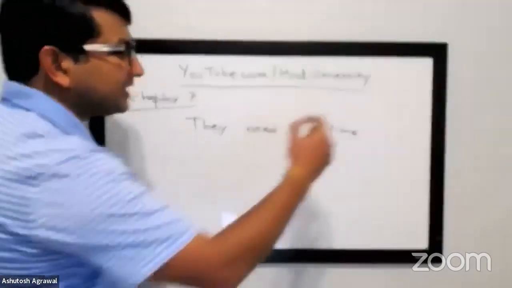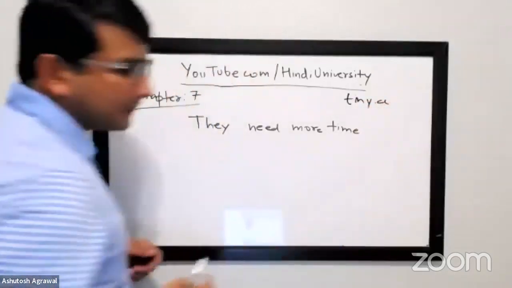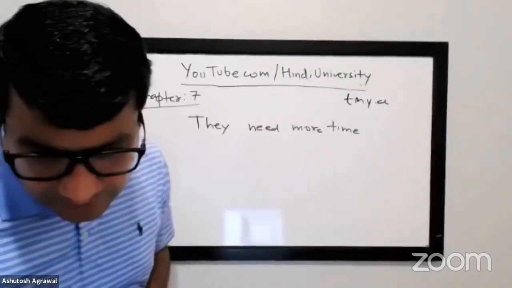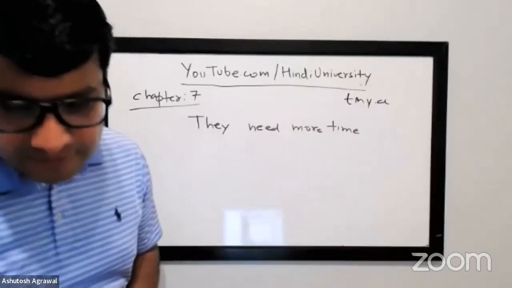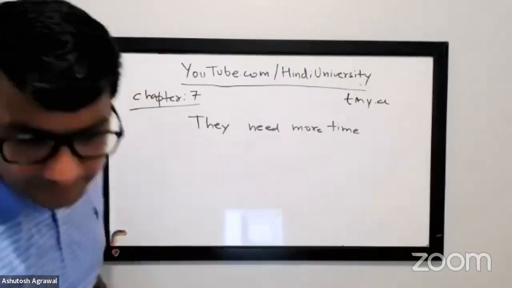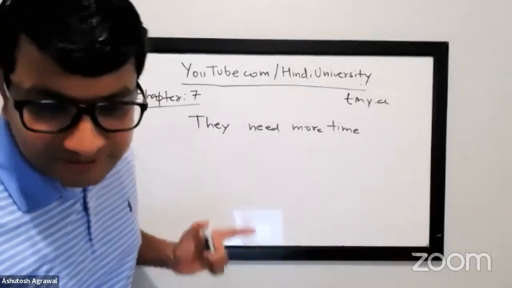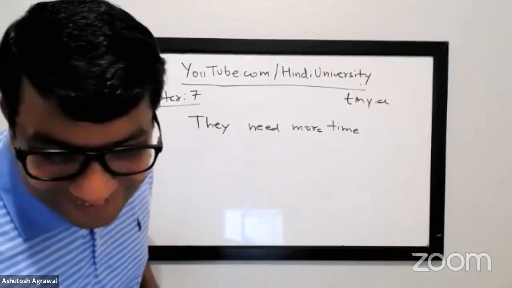So basically in the tiny.cc Hindi University page, go to Hindi resources. I think you can post it there as well in the chat. Anyway, coming back to it, like you cannot install it right now.